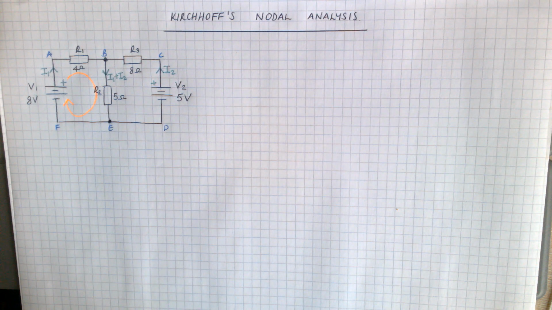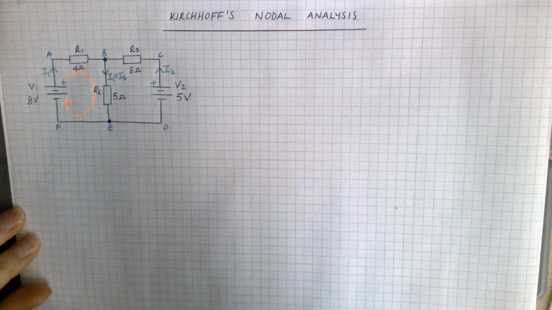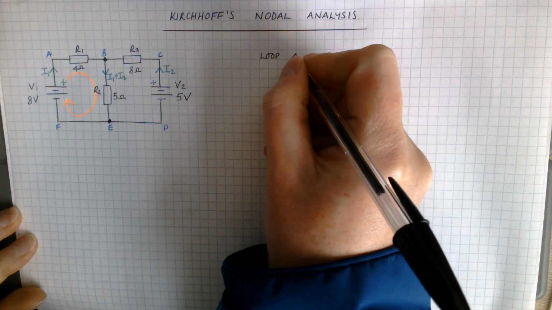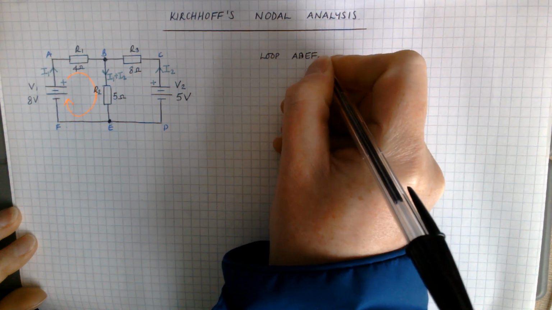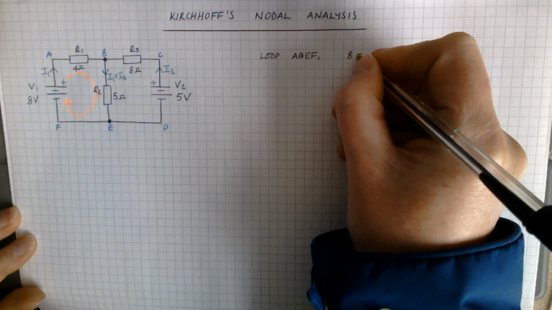So it's that loop that I've marked in the orange. That loop, looking at my lettering here, is A, B, E, F. And in that loop, I've got my 8-volt supply.